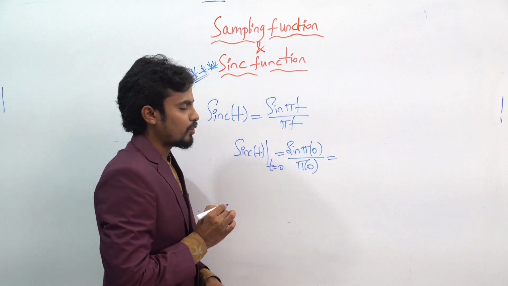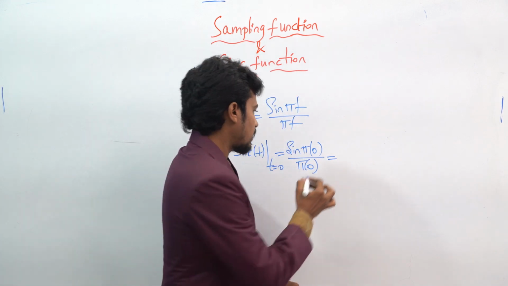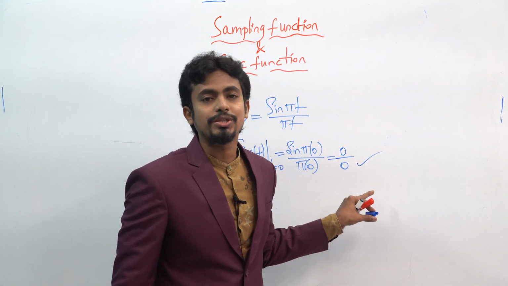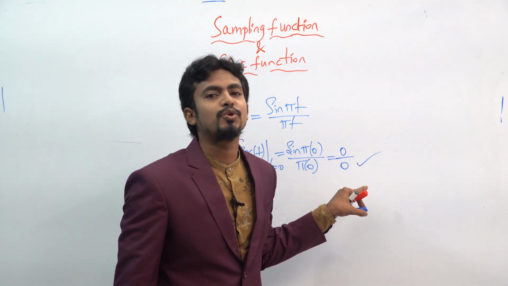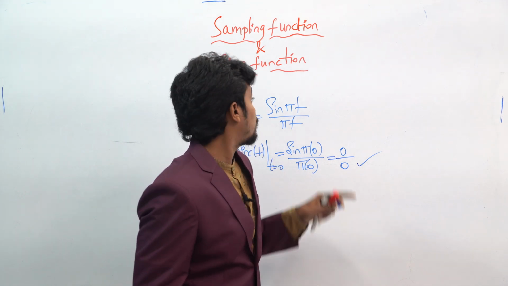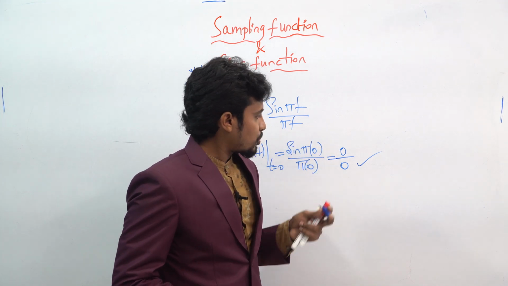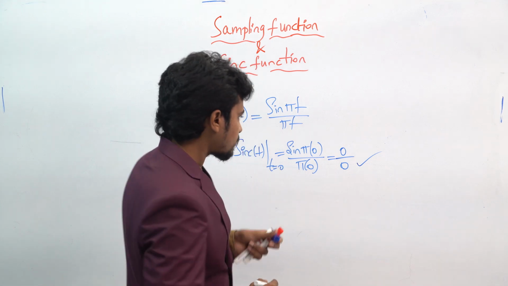When you take sin pi, sin 2 pi, sin 3 pi, you get 0, right? That will be 0 by 0. There is no use for this 0 by 0 form if you want to use this sinc function. Just by applying L'Hospital's rule, you will get a different answer.